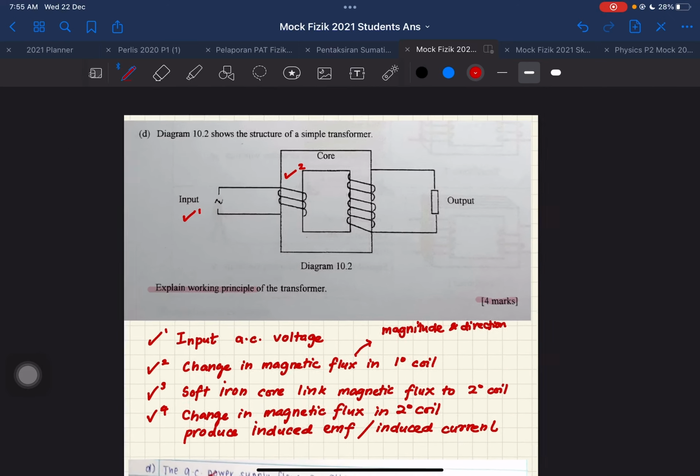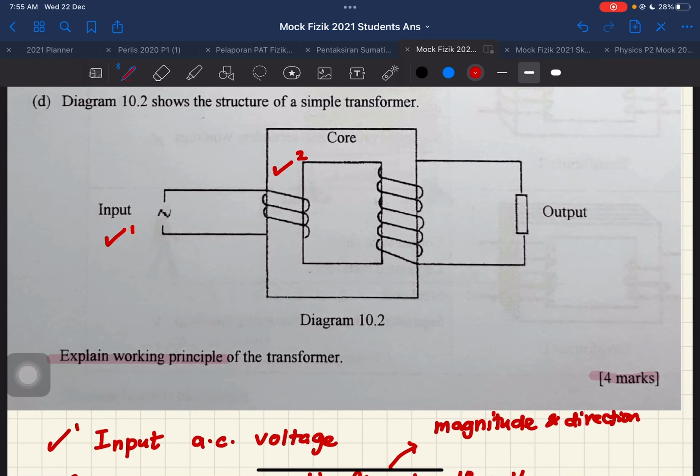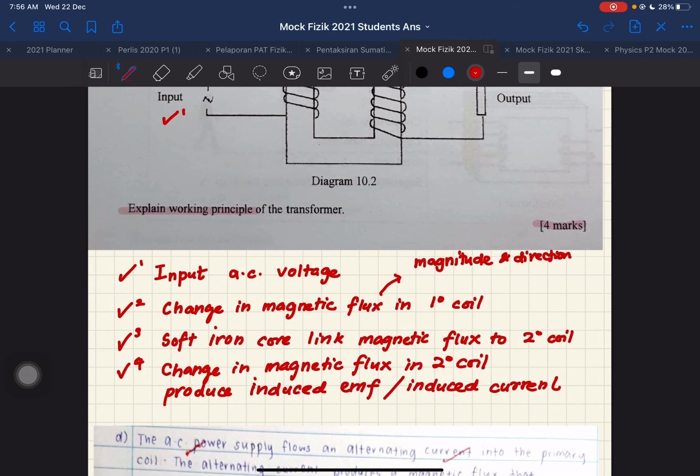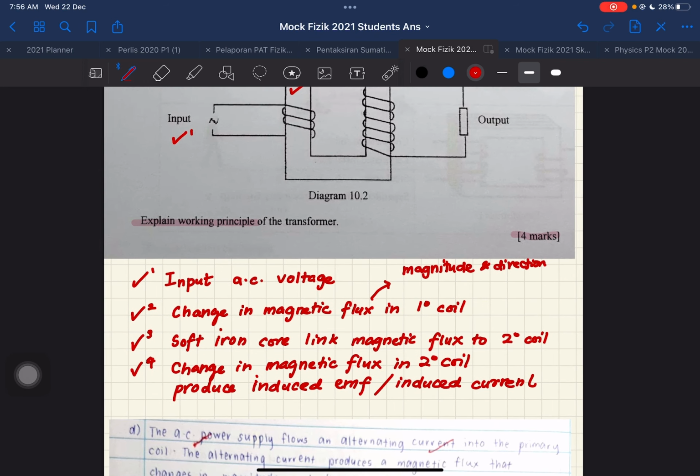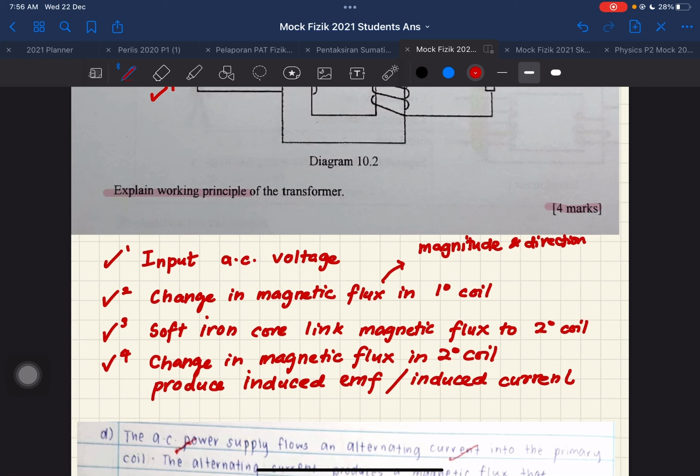Alright, then the third mark will be here, the use of this core. The core is actually to link the magnetic flux from the primary to the secondary coil. The soft iron core is used to link the magnetic flux from the primary coil to the secondary coil. Link, menghubungkan, link magnetic flux from the primary coil to the secondary coil.